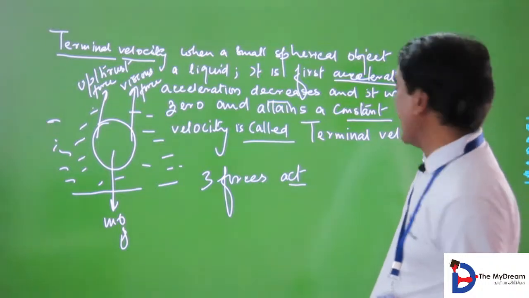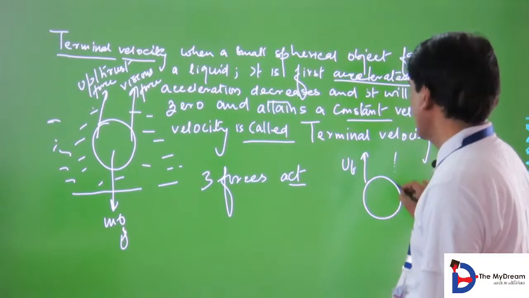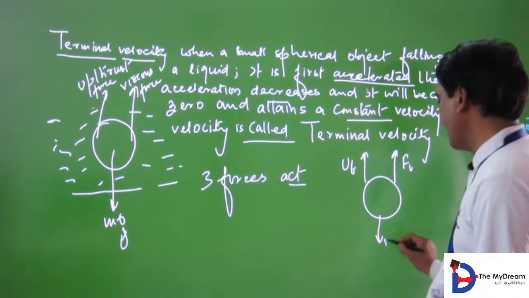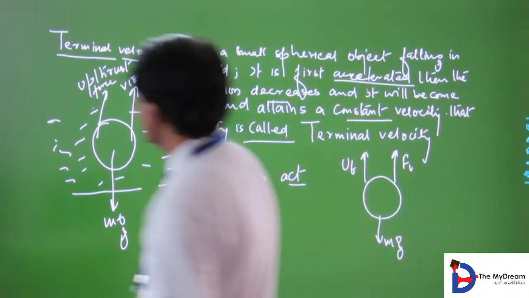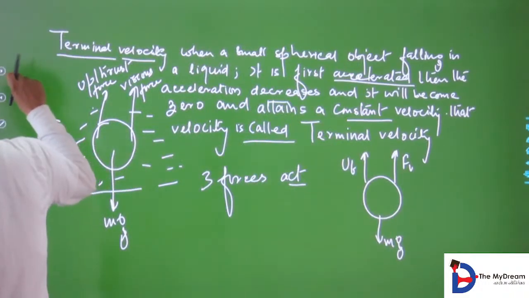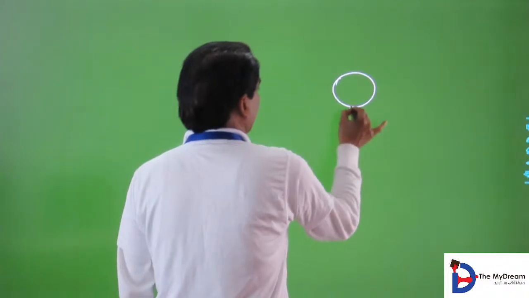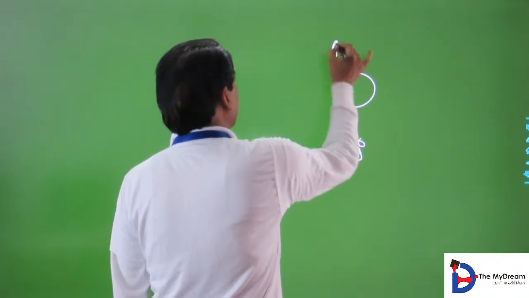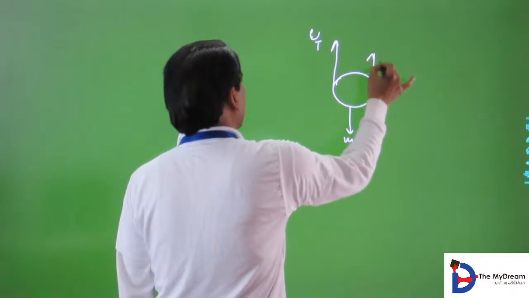So three forces act on it. One of them is Fut, this is Fv, and this is the weight. So we can write down, this is the weight, this one is the upthrust, and this is the viscous force.